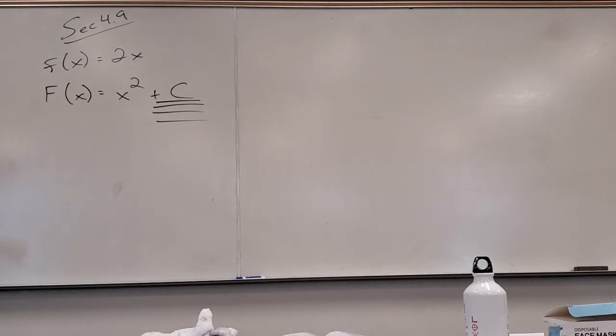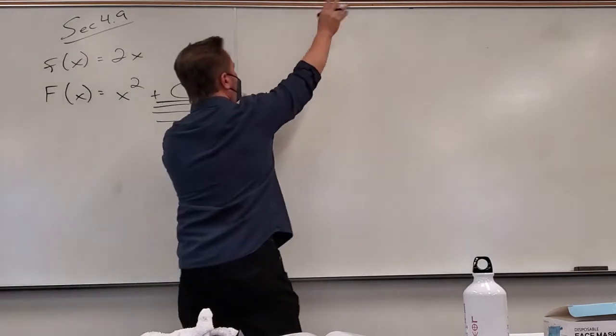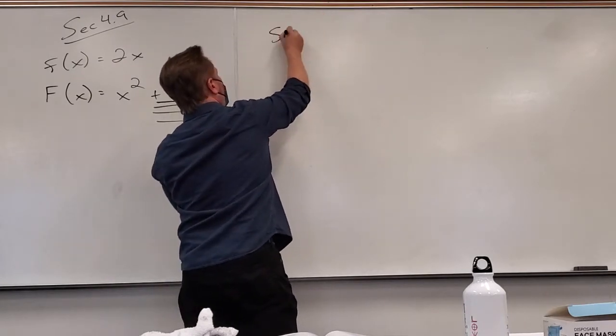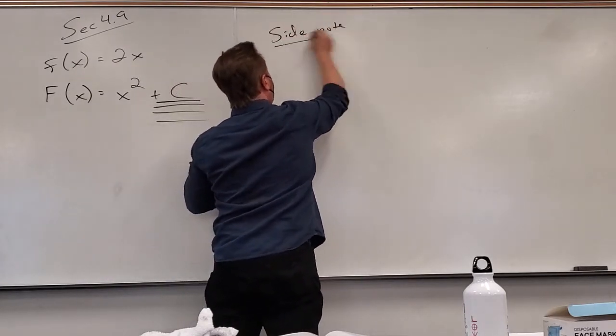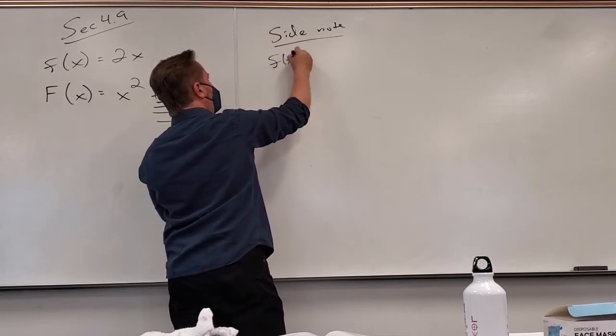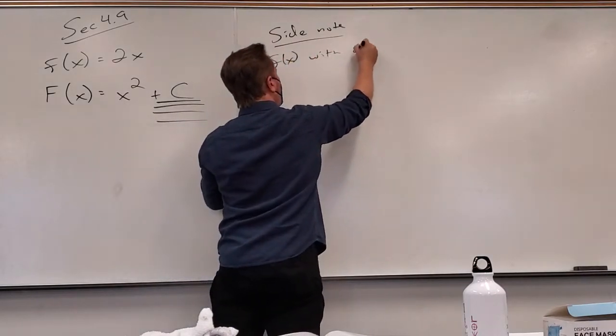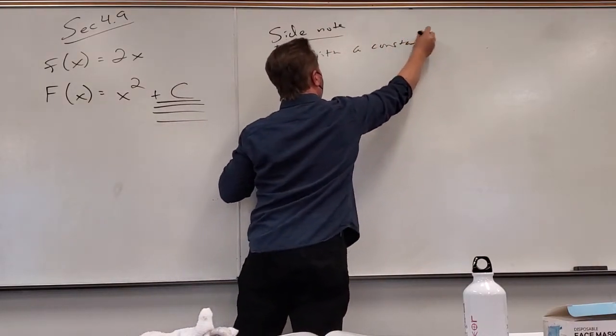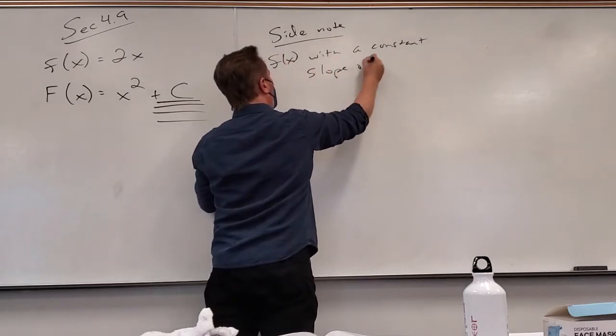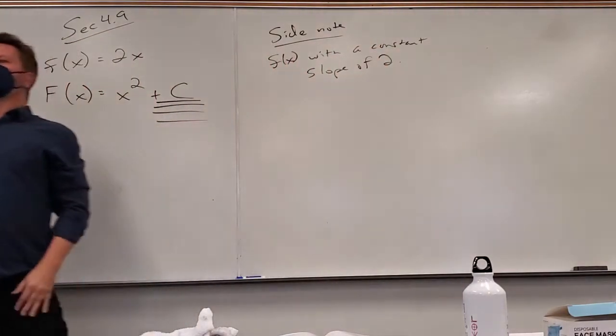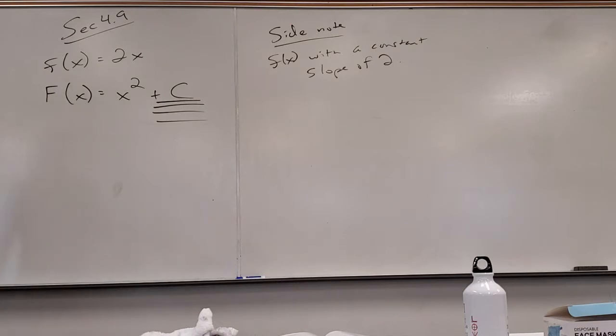Now, listen. All right, little side note. If I told you I had a function that has a constant slope of 2, what kind of function is that? What's the only kind of function that has a constant slope? Linear. Can you draw exactly the function I'm talking about?